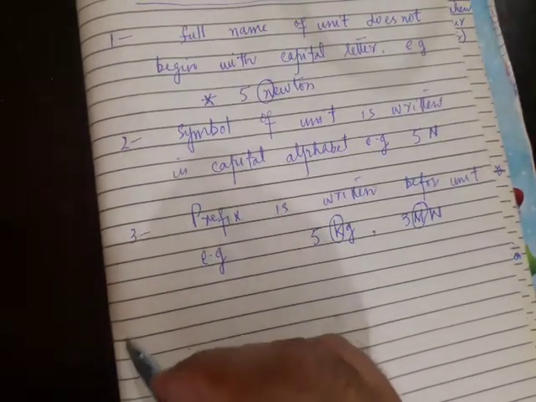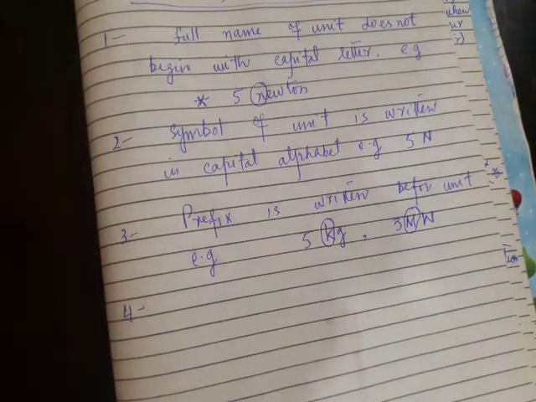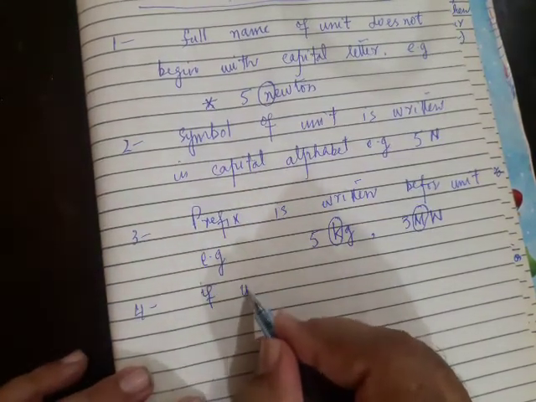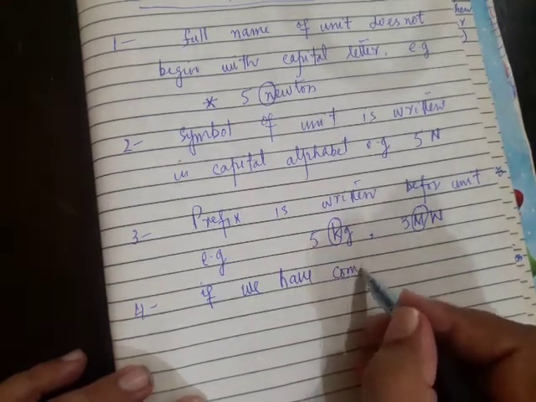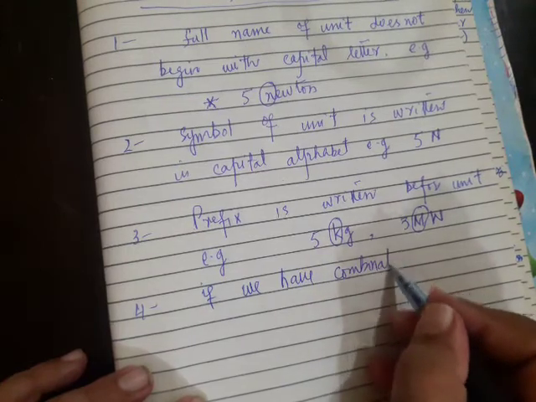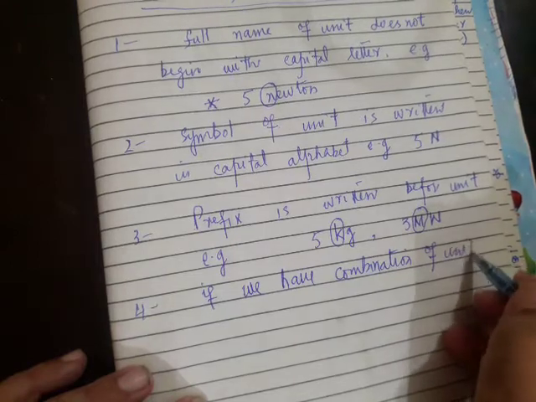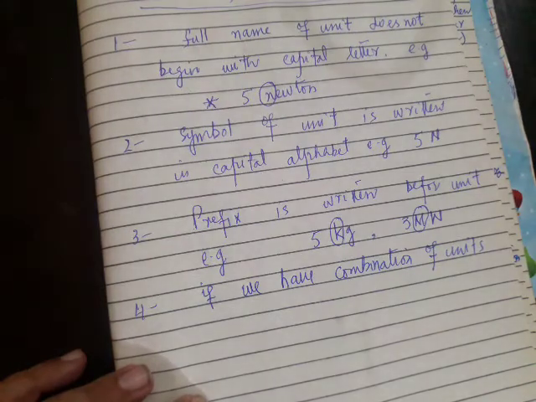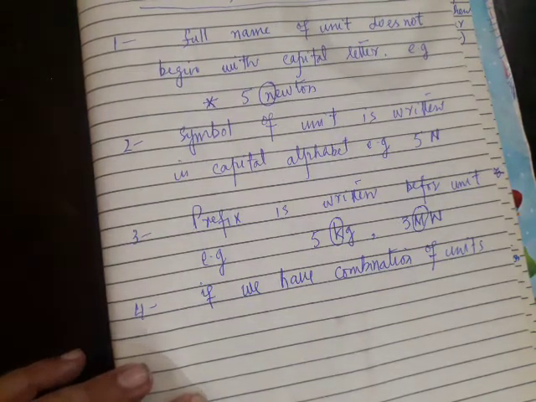Also, next is, if we write more than one unit, if we have a combination of units, we usually introduce a space between the units.